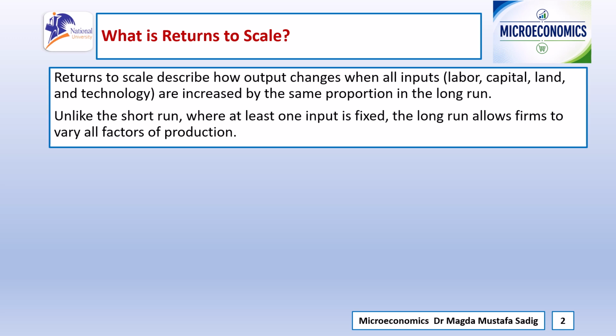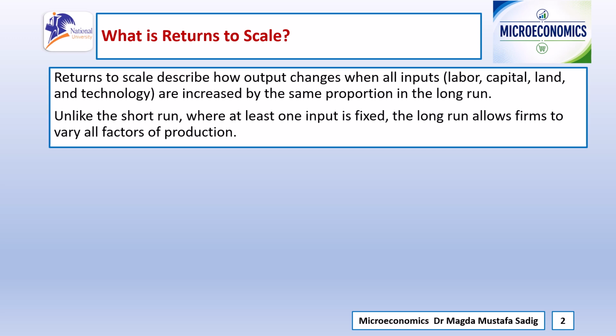Notice something very important. In the long run, firms can change every input. This can include labor, machinery, buildings, technology, land. Unlike the short run, nothing is fixed.